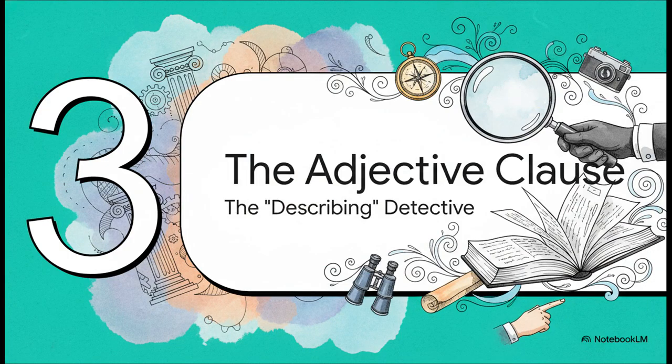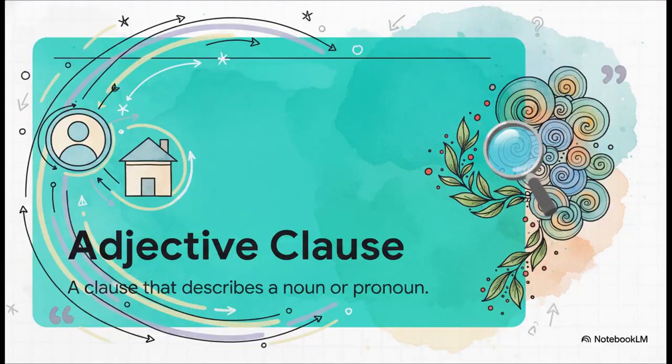All right, let's move on to suspect number 2, the adjective clause. Now this one has a completely different job. If the noun clause is the thing, the adjective clause describes the thing. Let's see how that works. Just like the name tells you, an adjective clause works just like a single adjective.